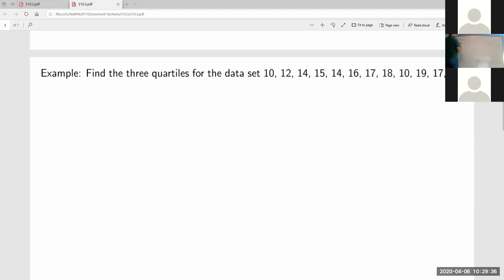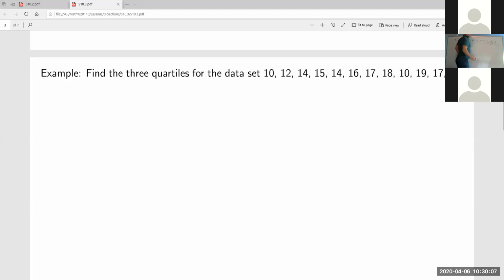Yep, got the 12. 2 14s. 14 twice. Yep. 15. 16. 3 17s. 1 18. And then a 19.